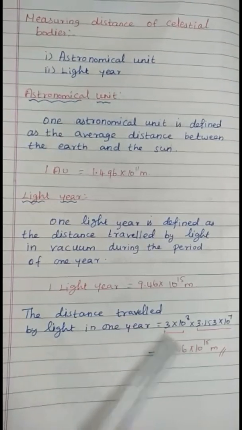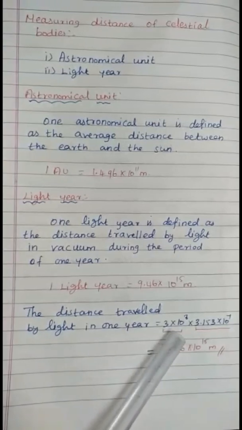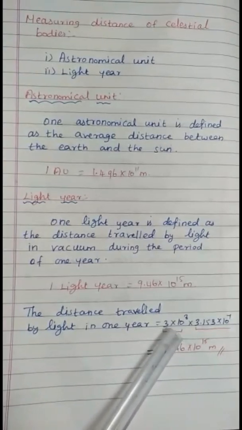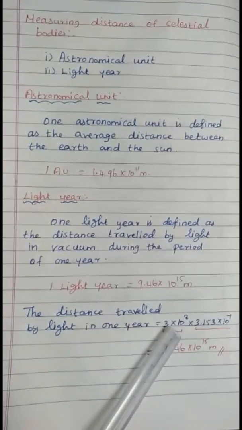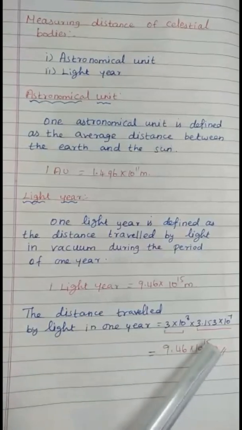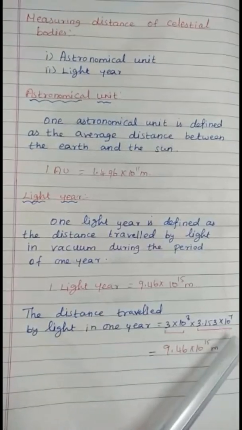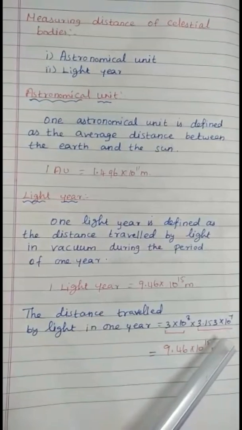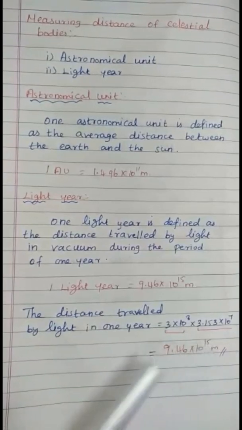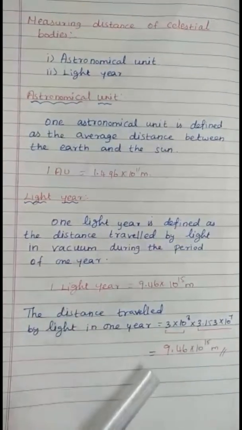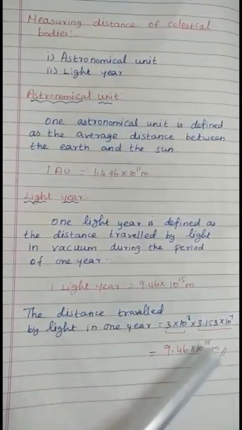Here 3 into 10 to the power of 8 is the speed of light in vacuum, and 3.153 into 10 to the power of 7 is the total number of seconds in 1 year. So 1 light year is equal to 9.46 into 10 to the power of 15 meter.